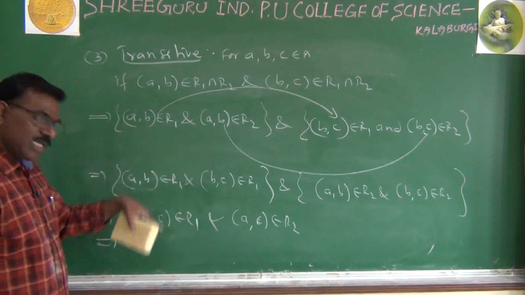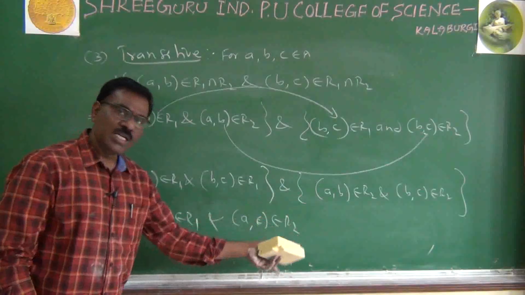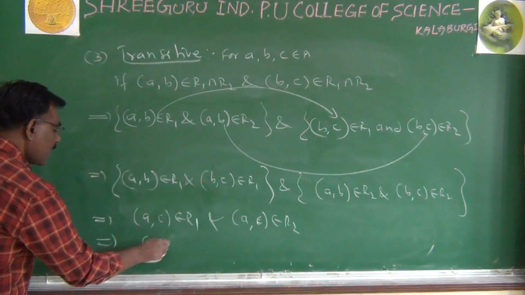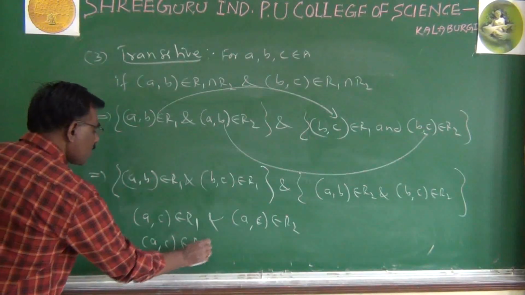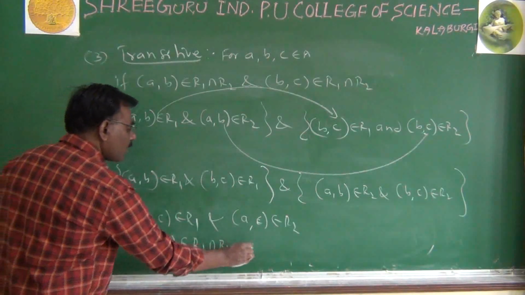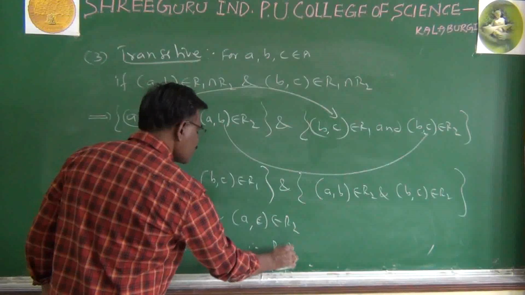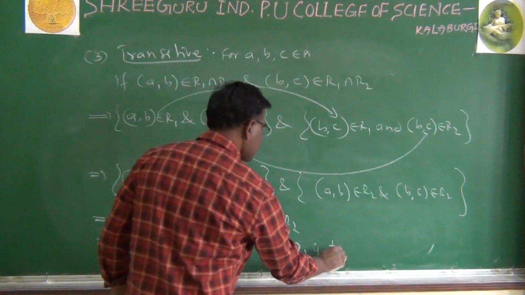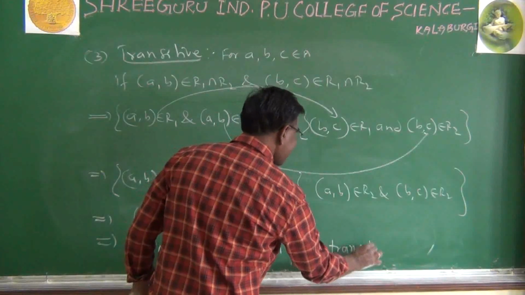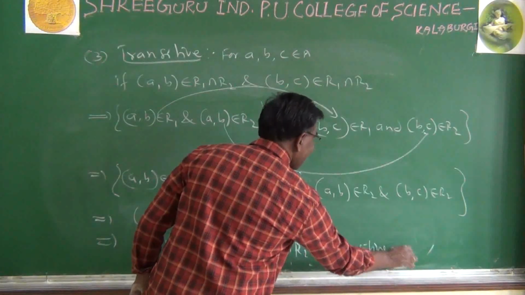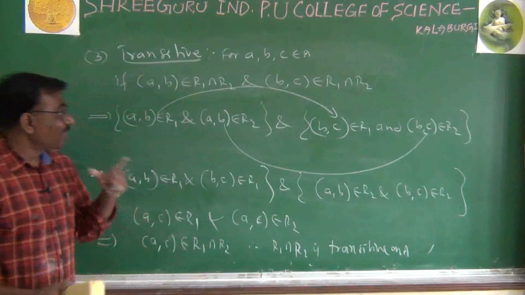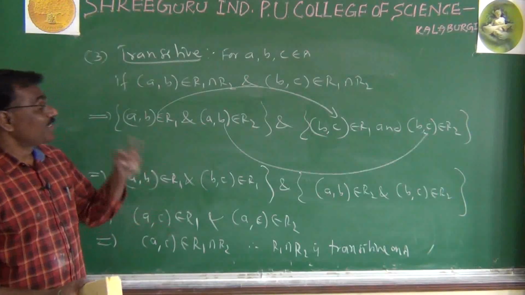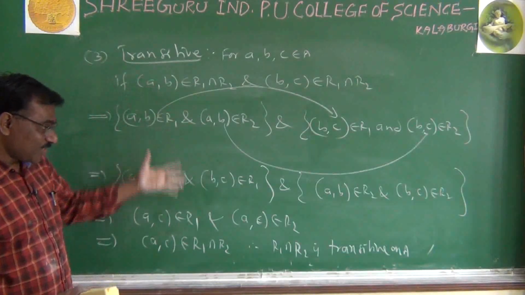It implies a, c is in R1 and a, c is in R2, so a, c belongs to R1 intersection R2. Therefore, R1 intersection R2 is transitive on A. Hence it is reflexive, symmetric, and transitive.